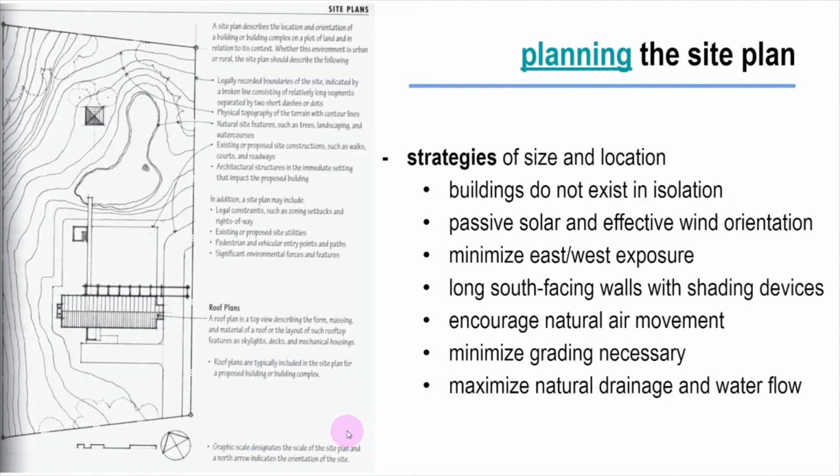And things like wind orientation, well, that may just take visiting the site to see it. But we really want to try to minimize sun exposure in the east and west, and maximize southern facing exposure or windows for our building. And that is one of the prime concepts of passive solar design.